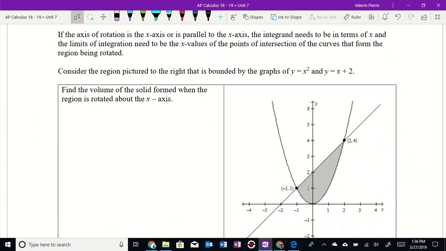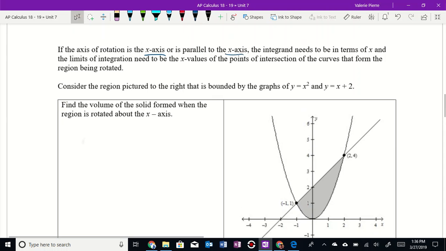If the axis of rotation is the x-axis or is parallel to the x-axis, so that means it's y equals some number, then the integrand needs to be in terms of x and the limits of integration need to be x values from the points of intersection of the curves that form the region being rotated.